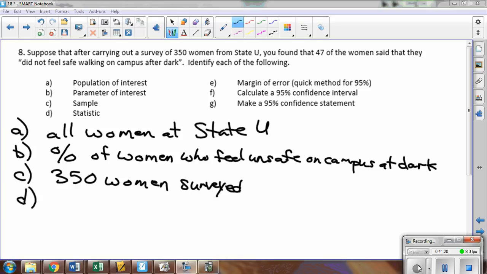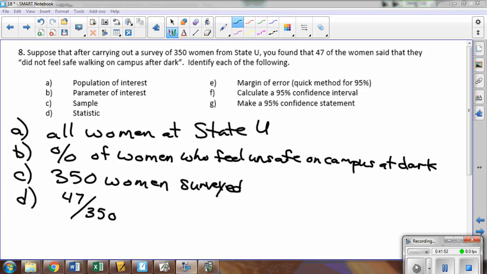For D is the actual statistic. It's the number crunching component that we will do. We actually have to calculate a percentage then. And so our percentage is 47 out of 350. Percentages are the same thing as probabilities. Success over total.